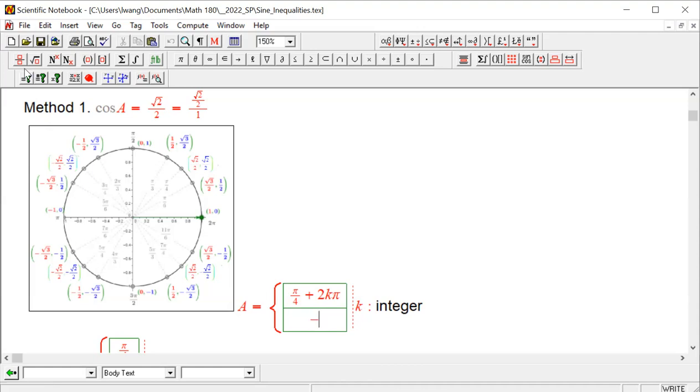negative pi over 4. This way of writing is much easier to understand, because to get to this terminal, the simplest way to measure it is counterclockwise; you end up at pi over 4.